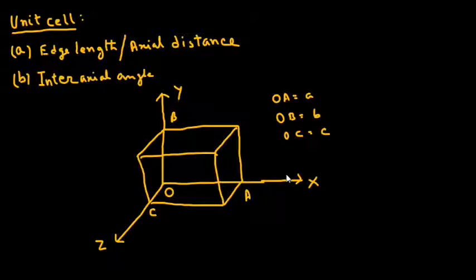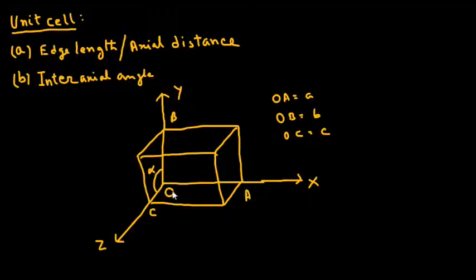And the angle between axis B and C is alpha. So here this is alpha, and the angle between A and C is beta.